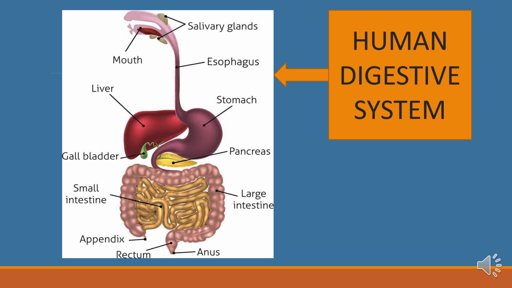Appendix, as we can see in this diagram, is an extension of the large intestine, and this is a vestigial organ which does not have a specific function in the body.